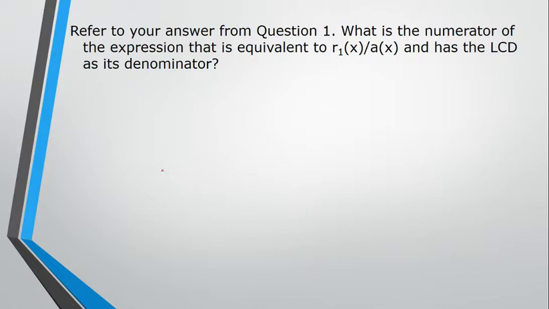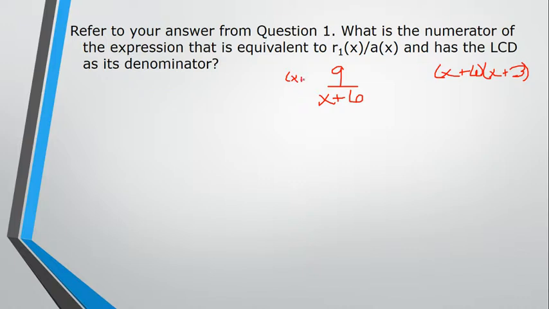So refer to your answer from question 1. What is the numerator of the expression that is equivalent to r1 of x over a of x and has the LCD as its denominator? Well, let's first remember r1 of x over a of x is 9 over x plus 6. And then our LCD, remember, is x plus 6 times x plus 3. So let's take a look. We have x plus 6 in our denominator, so that means we need x plus 3.